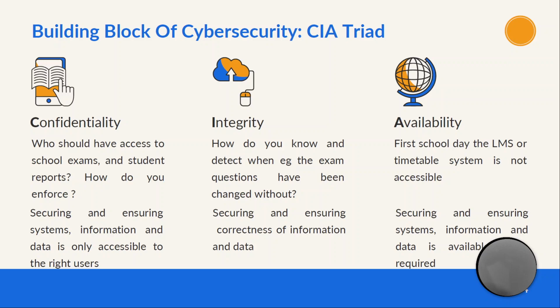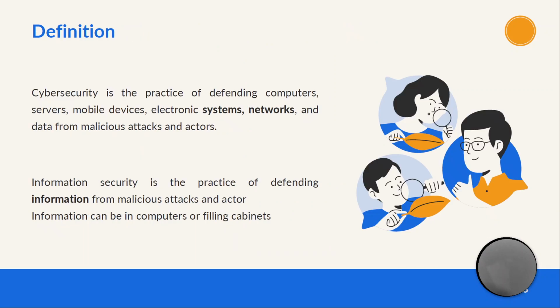So cybersecurity might have different fancy names. Blue team, red team, purple team, everything we are doing, all the tools you're working with, are actually meant to help us satisfy confidentiality, integrity, and availability of our servers, our mobile devices, our electronic systems and networks, data and information, regardless of where it's stored.